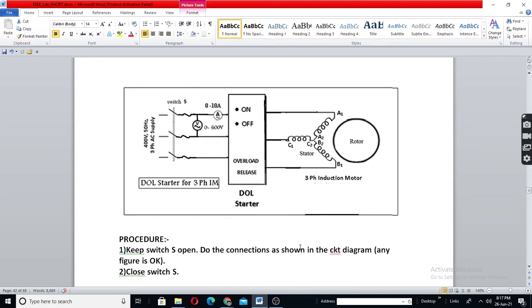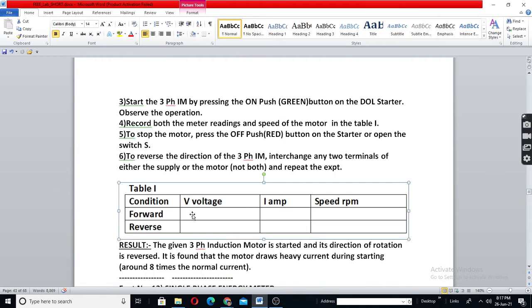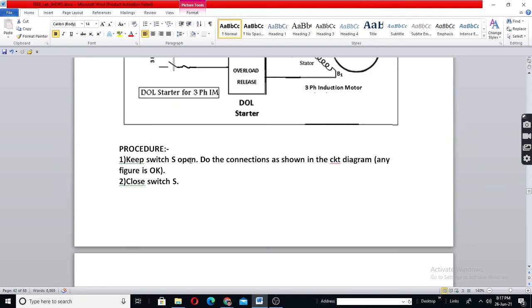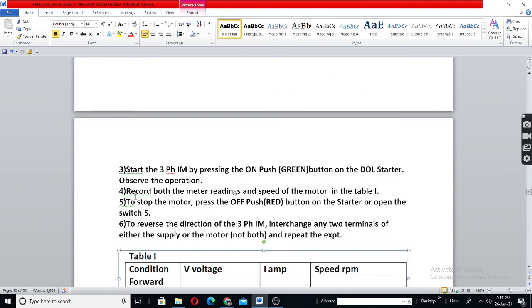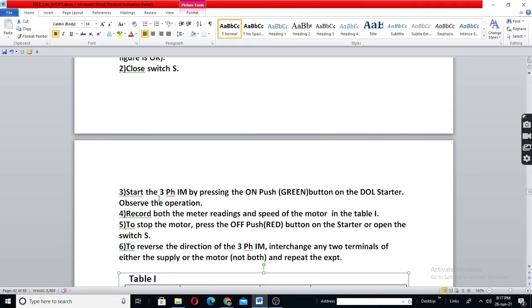Anyhow, note down the three readings for one direction, that is forward, whether it is clockwise or anti-clockwise. That is explained here in procedure points 1, 2, 3, 4.